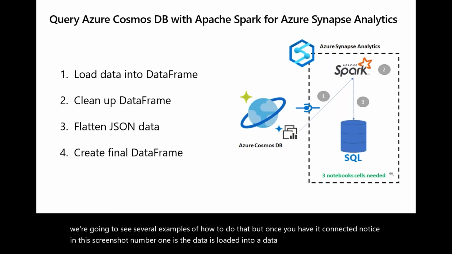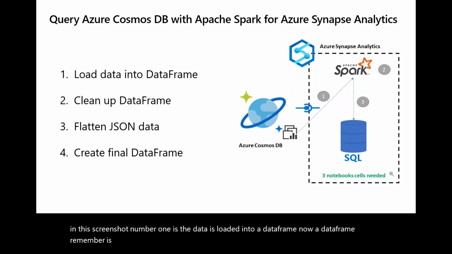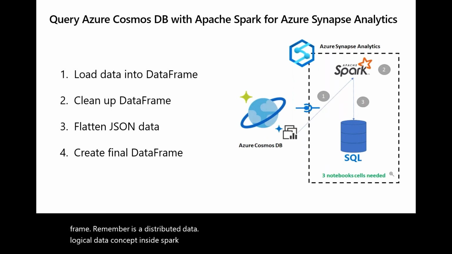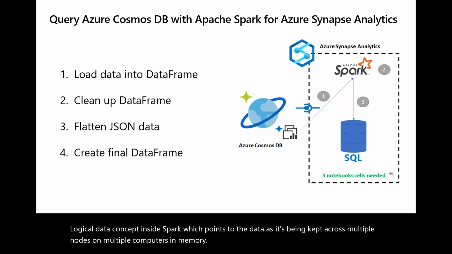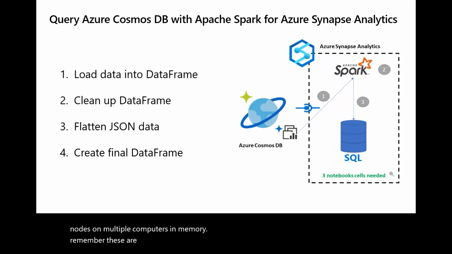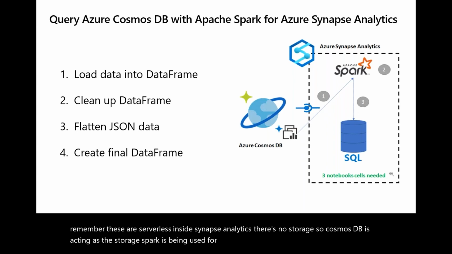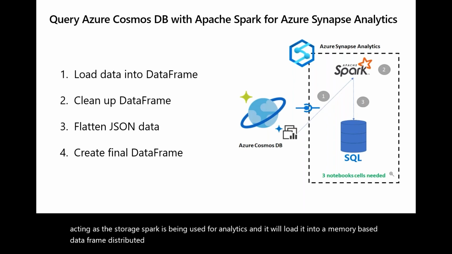Now, a data frame, remember, is a distributed logical data concept inside Spark, which points to the data as it's being kept across multiple nodes, multiple computers in memory. Remember, these are serverless inside Synapse Analytics. There's no storage. So Cosmos DB is acting as the storage. Spark is being used for analytics, and it will load it into a memory-based data frame distributed across multiple nodes.